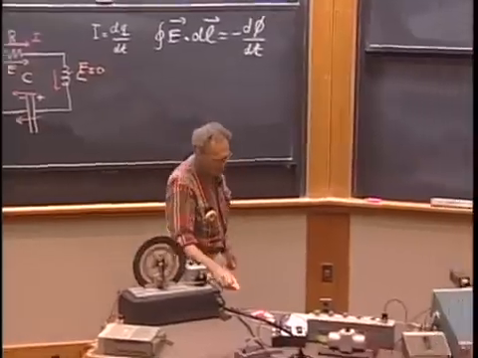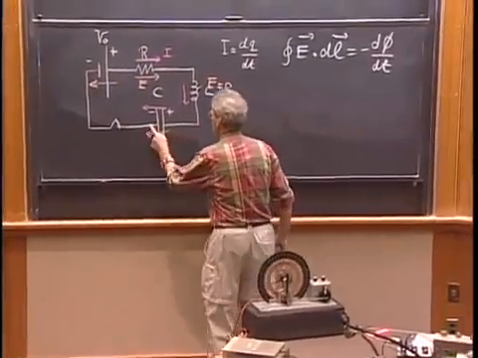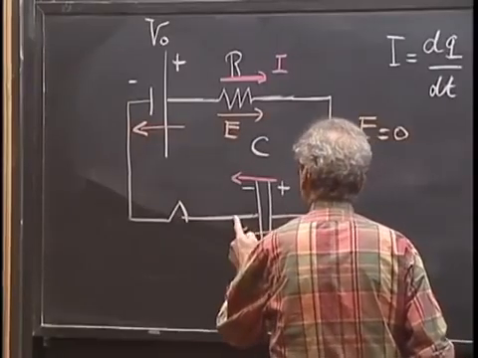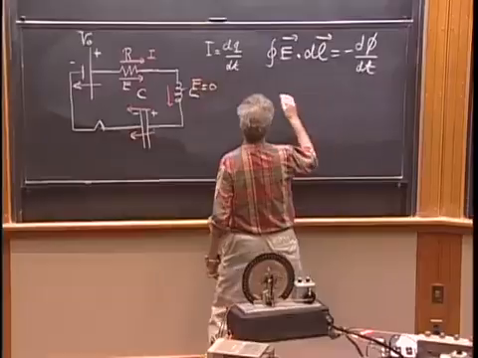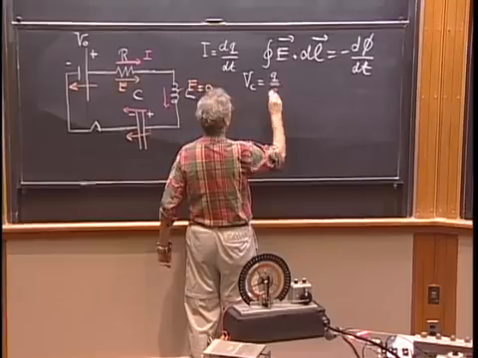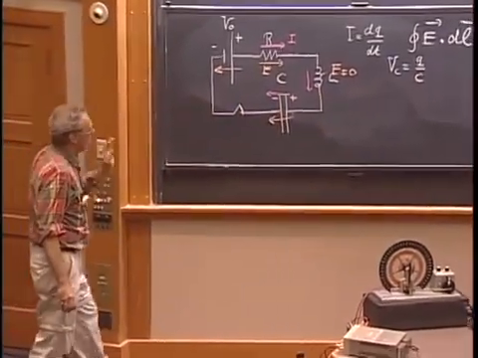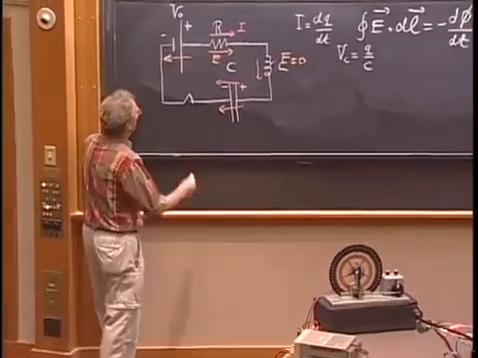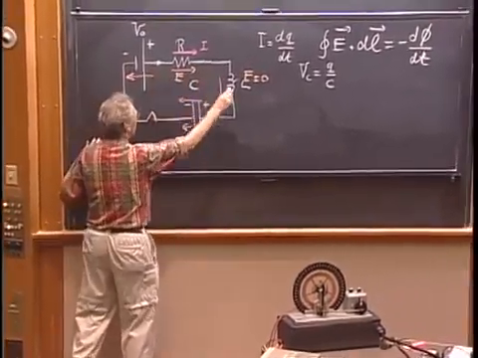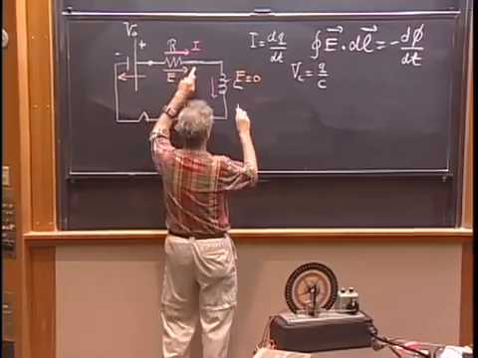So if now I go around clockwise, and I call the integral of E dot dl from this side to this side of the capacitor V_C, which is Q divided by C, that's the definition of capacitor. If you're ready for this, and I start here, and I go clockwise around, then from here to here, I get plus IR.